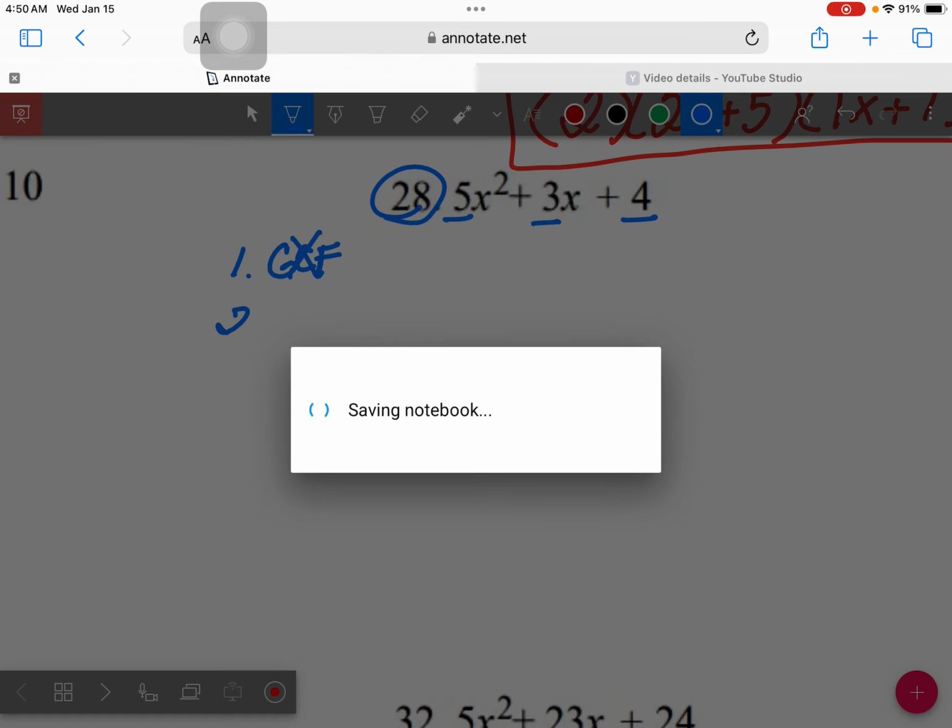Oh no. Saving notebook. I'm glad it's saving. I don't know if you guys can see that. It's not going to let me write right now. Hopefully this will be done soon. Otherwise I might just have to talk through it without you seeing it. It says 100% complete, but it's not letting me go.